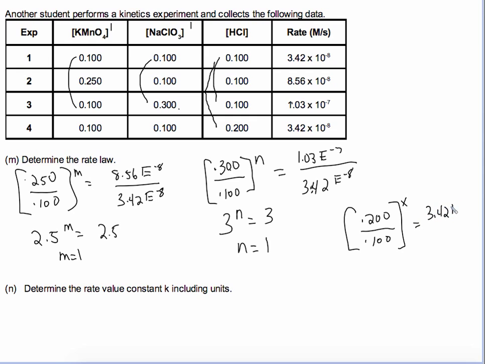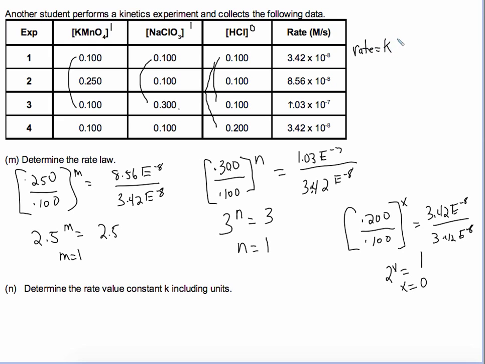I'm running out of good variables. And so this is going to be equal to 3.42 e to the minus 8 over 3.42 e to the minus 8. So I get 2 to the x equals 1. And remember, anything to the 0 power equals 1, so x is equal to 0. Okay, so the order for this is 0.